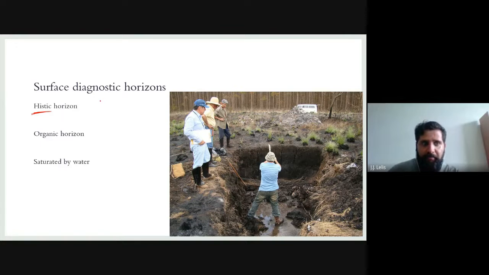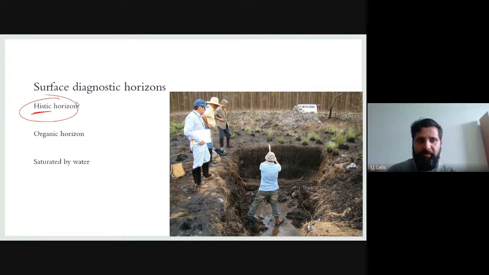The primary difference between them is the soil moisture regime. Here, in the histic horizons, we saw an aquic regime with a lot of water, and in the folic, we can see the other soil moisture regimes, but we can't see a high influence of water.